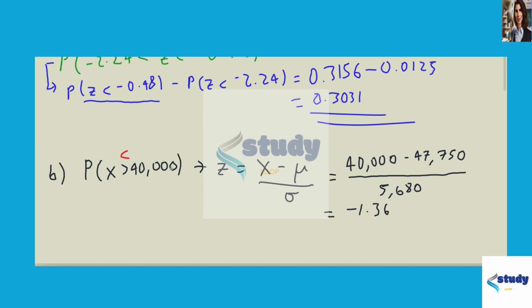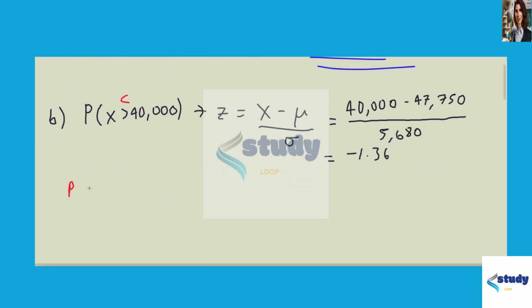The probability that Z is greater than negative 1.36 is equal to 1 minus the probability that Z is less than negative 1.36.